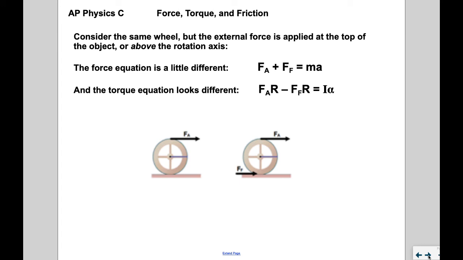The force equation is now Fa plus Ff equals ma. And then when we look at the torque equation, the applied force exerts the clockwise torque. That's got to be greater than the torque due to friction, so that, again, the object rolls in a clockwise direction because it's accelerating to the right.